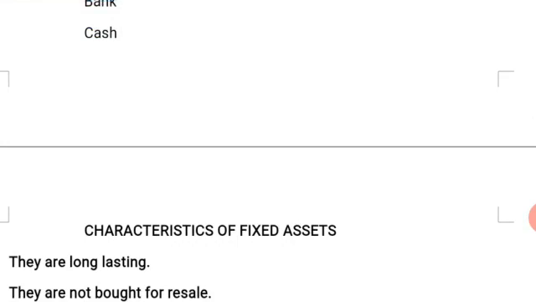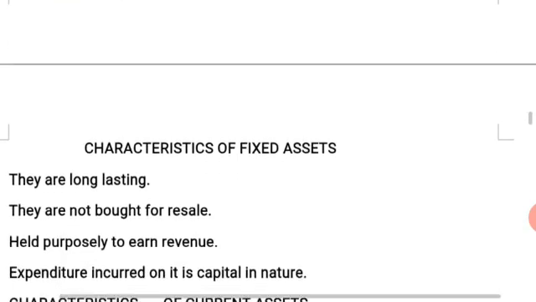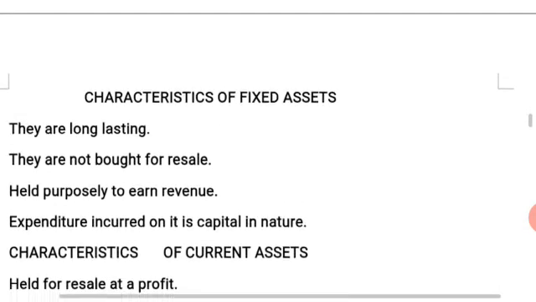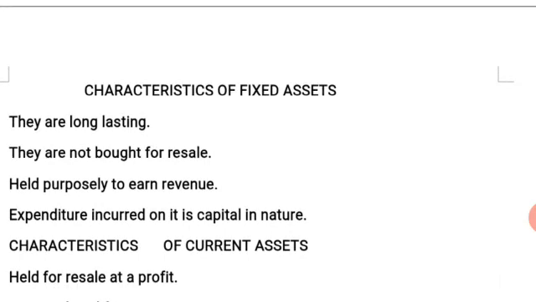From there, we need to look at some of the characteristics of fixed assets as well as some of the characteristics of current assets. Characteristics of fixed assets: fixed assets are long lasting. That is, they can last more than a year. They can last for a long period of time.